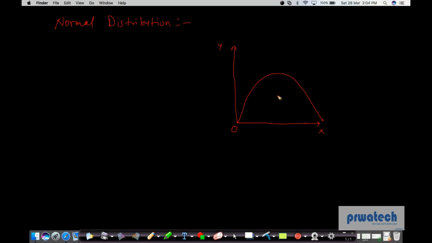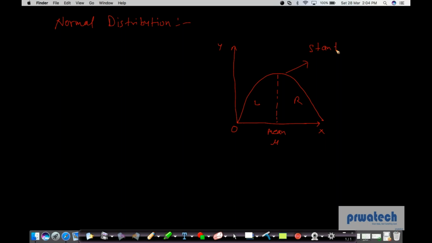So this whole curvy area is one, and whenever you see a slight curve towards down, this is nothing but my mean, which we denote with the mathematical sign mu. Then whatever value we are getting on the left side and whatever value we are getting on the right side, these are symmetrical. This concept is known as standardization.